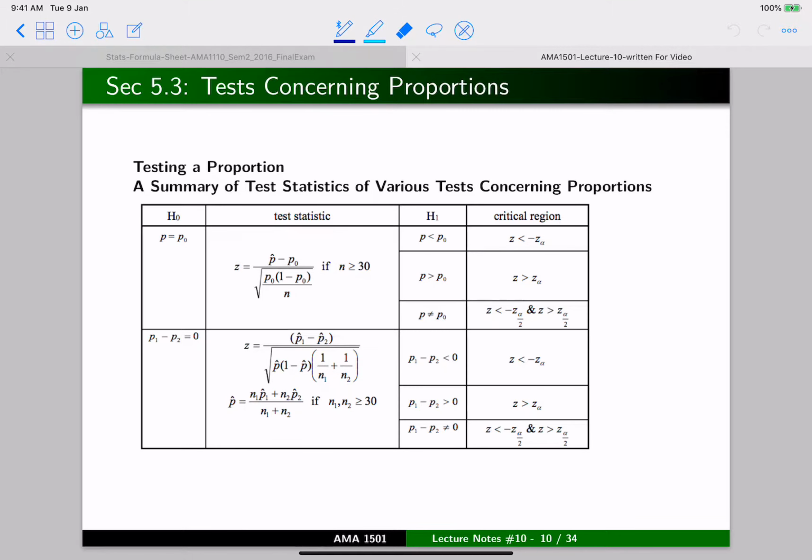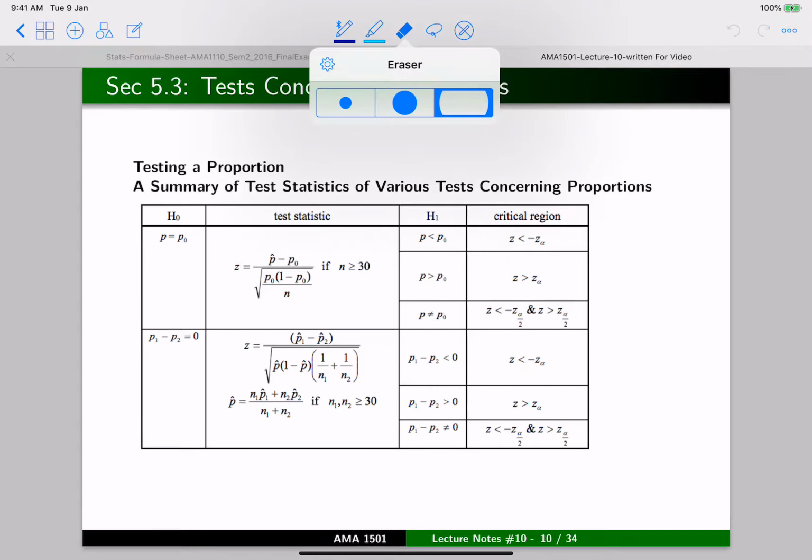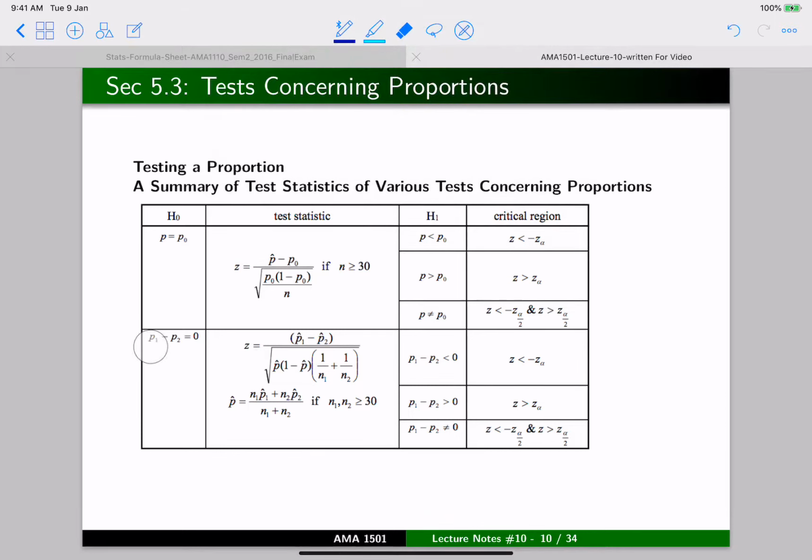In this video, we are going to talk about hypothesis testing for the difference in two population proportions, p1 and p2.